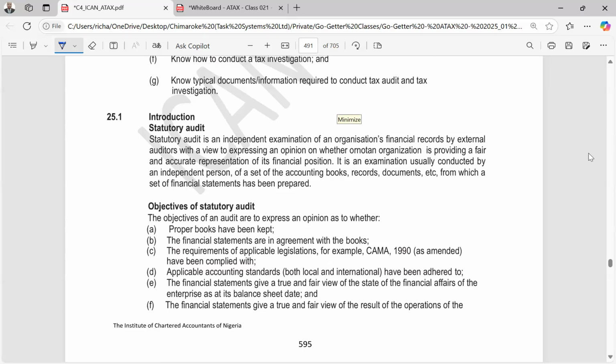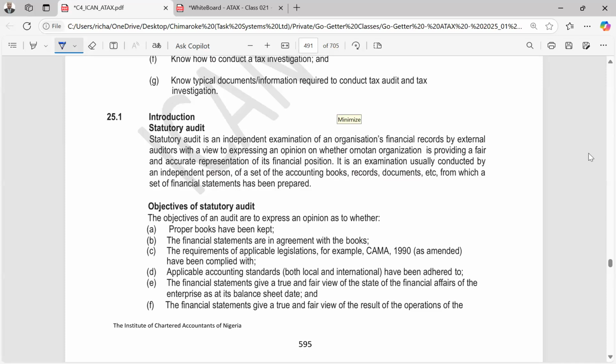And at the end of that examination, he will express an opinion whether the organization's financial record presented is fair and accurate, whether its financial position is fair and accurate, free from material misstatements.